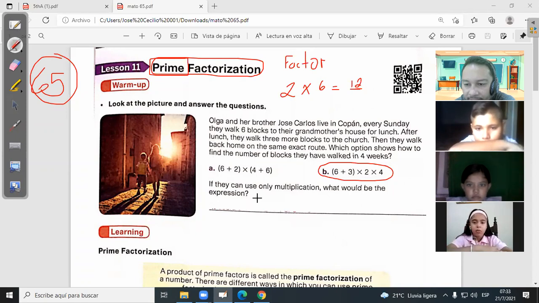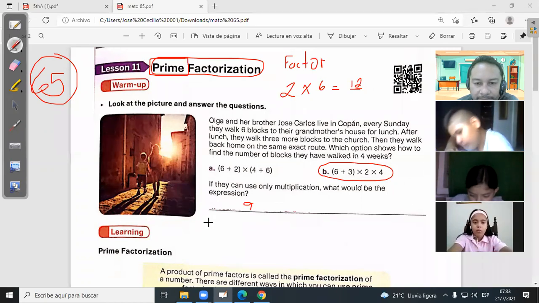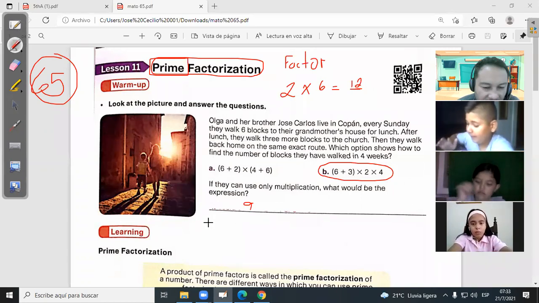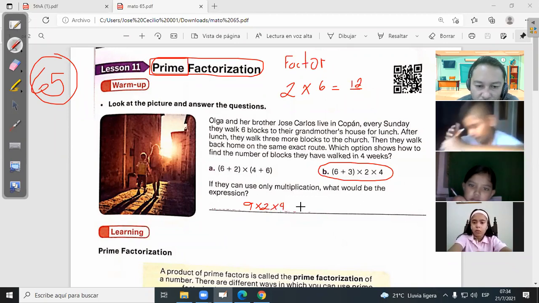And what do we have? 6 plus 3, that is 9. Then 9 times 2, which is 18, times 4.